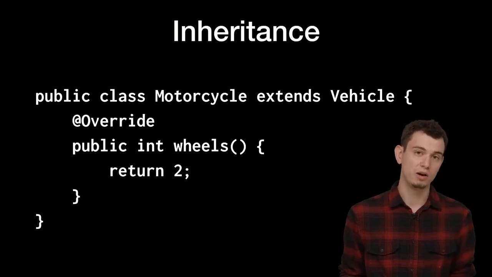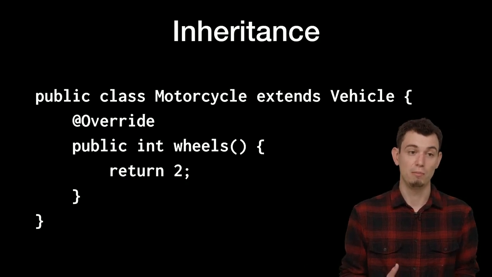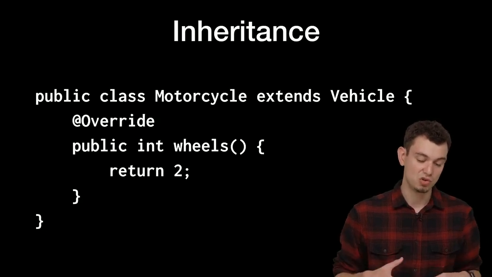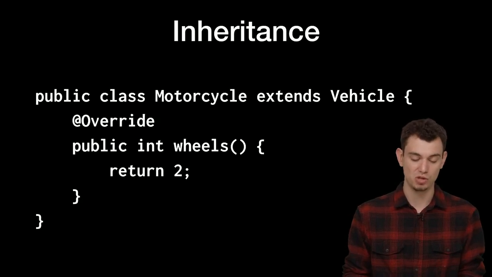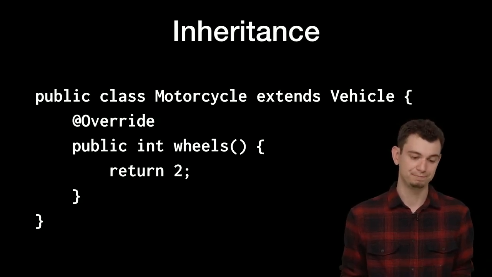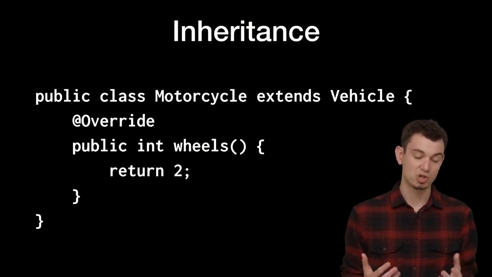But now what I want to do is override that wheels function, because motorcycles have 2 wheels and not 4. And so to do that, I'm just going to basically redeclare this wheels method. I'm going to say public int wheels, and then rather than returning 4, I'm going to return 2. And you'll notice on this second line, I've also added what's called an annotation. It says @override.